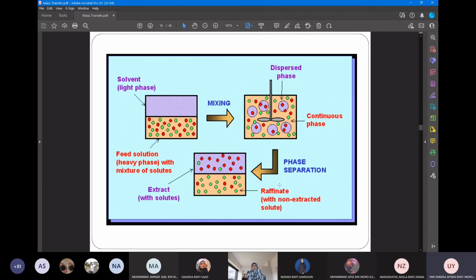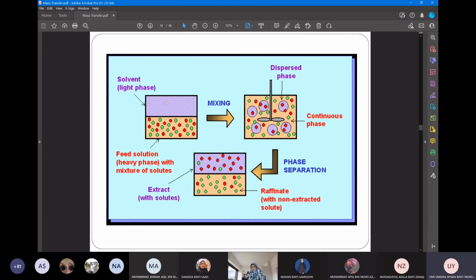So this is the introduction of liquid-liquid extraction. You have the dual inlet streams, which are the solvent stream and the feed solution stream, and then you have your product streams, which are the raffinate stream and the extract stream. So there are 4 streams when you're dealing with liquid-liquid extraction. What you are interested in is called solutes.